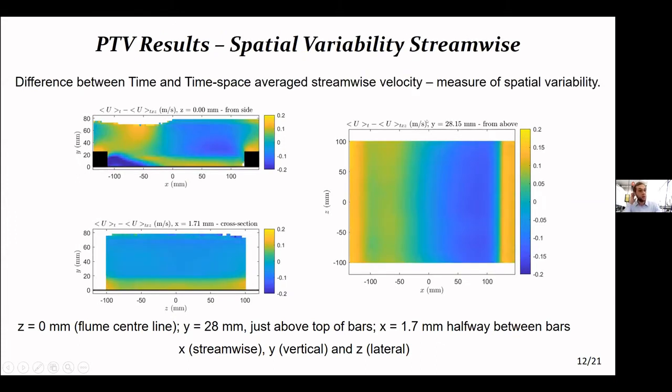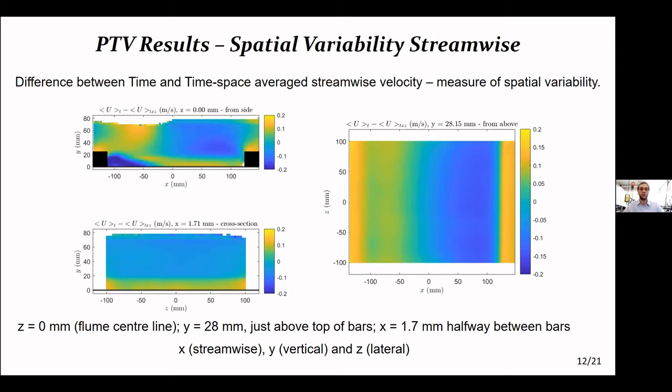In this plot I show you the time average streamwise velocity minus the double average streamwise velocity.